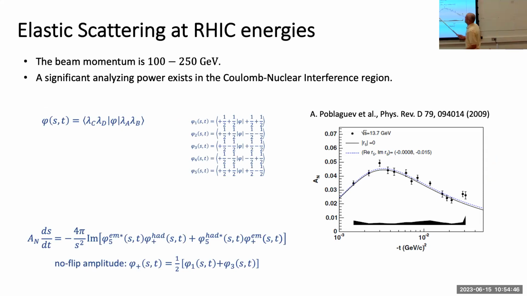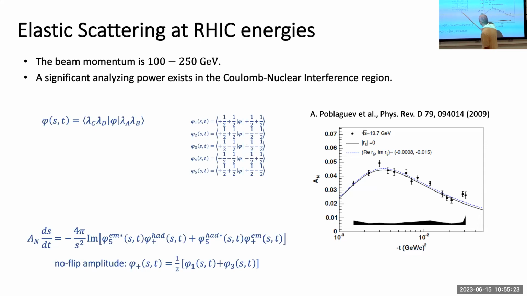And before we actually use this, a few words about formalism for people who like this. This is nicely described in this Coulomb nuclear interference region. That's essentially a formal description where we describe the observables in terms of these spin flip amplitudes, and it turns out that the single spin asymmetry AN, this normal asymmetry, is essentially an interference of the electromagnetic amplitudes with the hadronic amplitudes of these two.